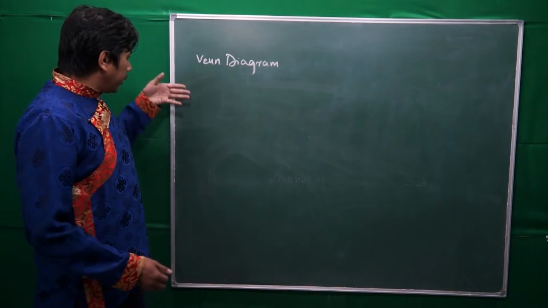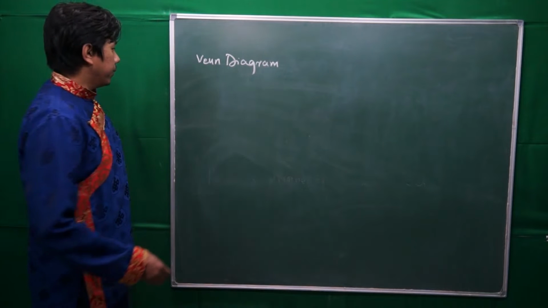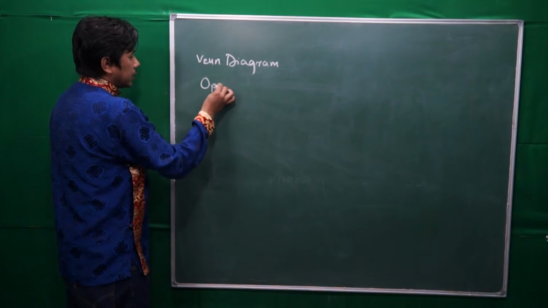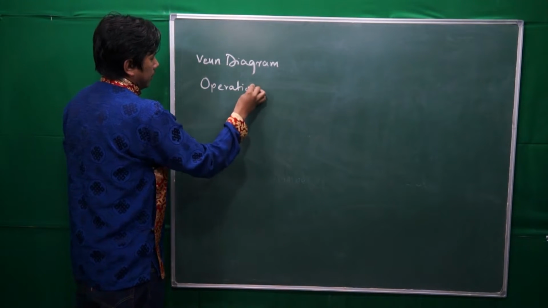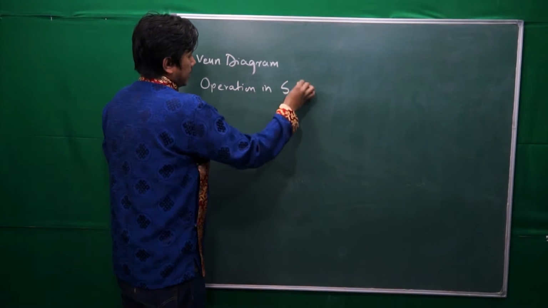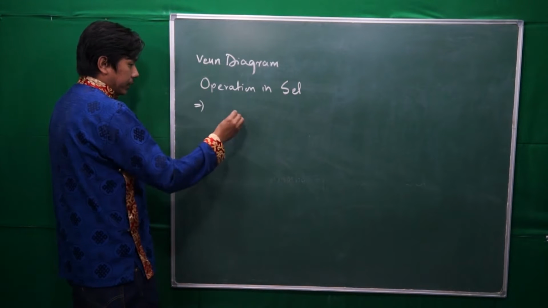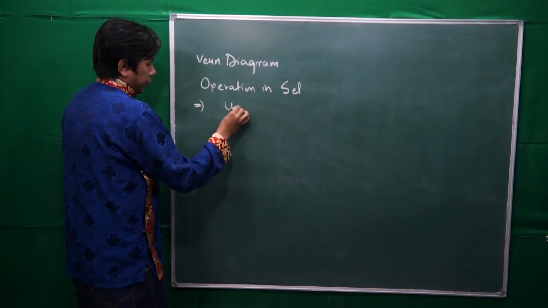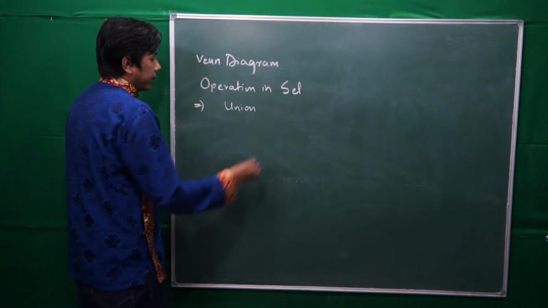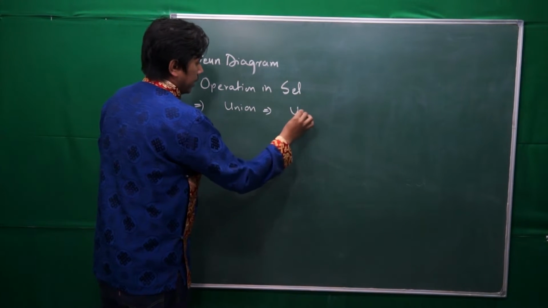So likewise, I'll be going with operations together. Operations in set. For example, first union, represented by a U.